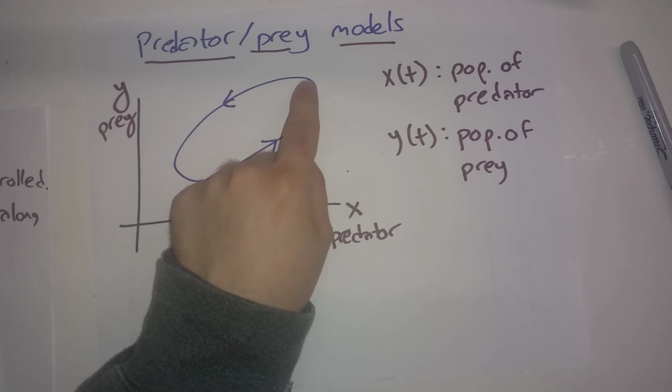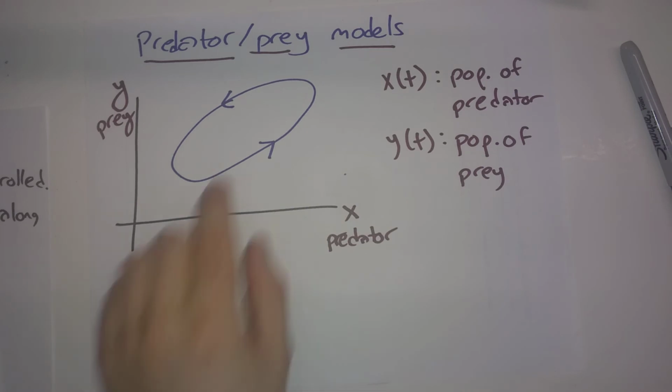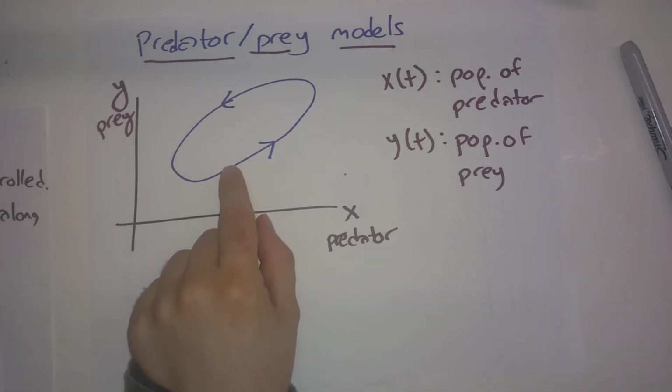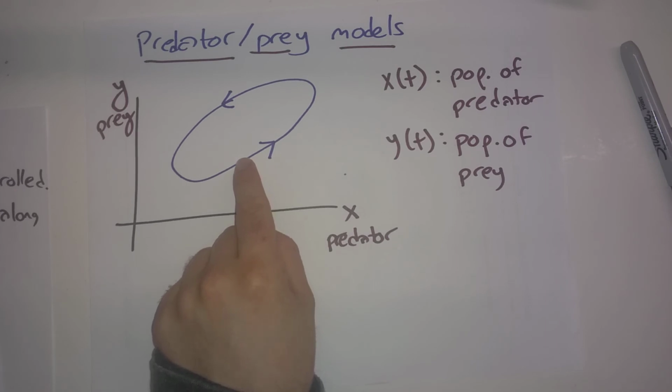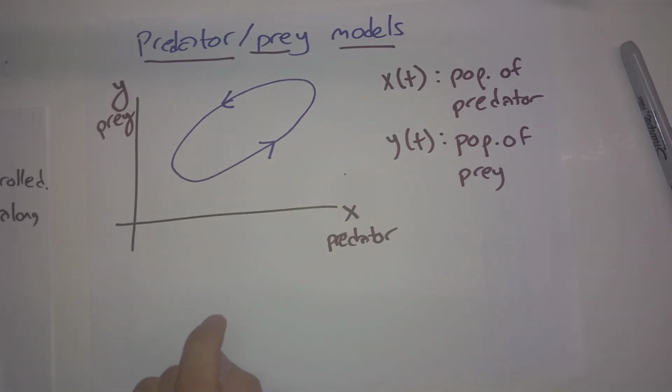And so maybe a better point to start off is down here. This is where we have, let's see, do I have the arrows going on here correctly? I do have the arrows going on here correctly.